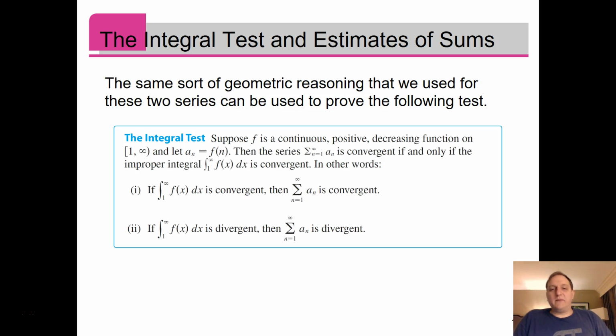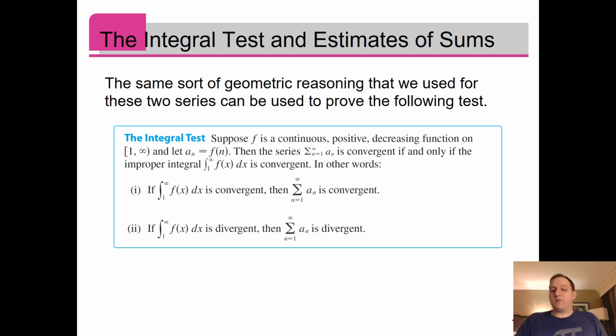So the integral test says that if we have a continuous, positive, decreasing function, meaning the terms of the sequence that we're adding up for our series, when I write that as a function, it's continuous, positive, and decreasing from 1 to infinity. Again, it can be from something else to infinity if we need to ignore the first couple terms. Then the improper integral and the series will either both converge or both diverge.